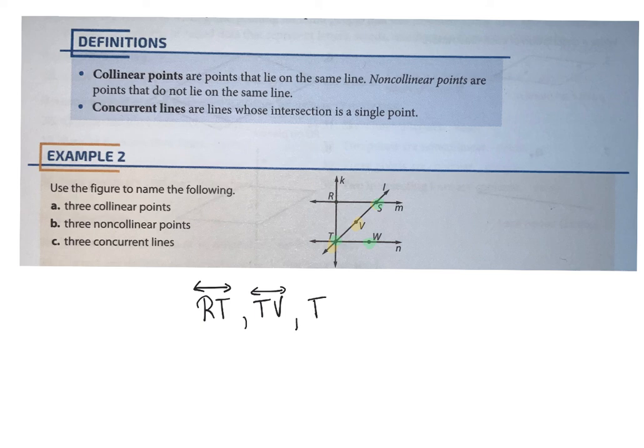And then TW. And again, order does not matter. I could have also said line K, line L, and line N. All of those would have worked, all right? So there could be multiple answers for these when you have questions like this, all right?